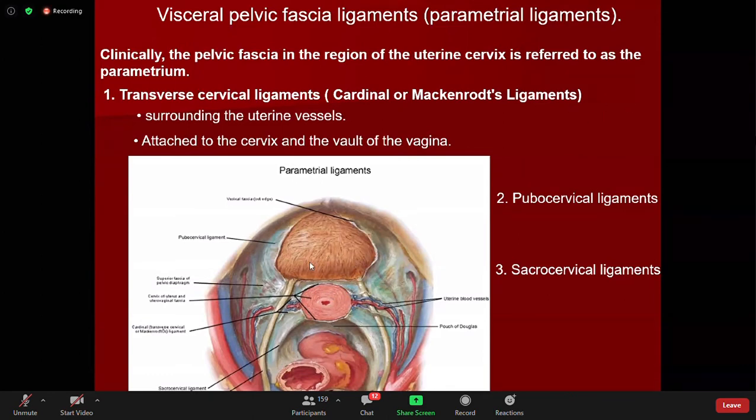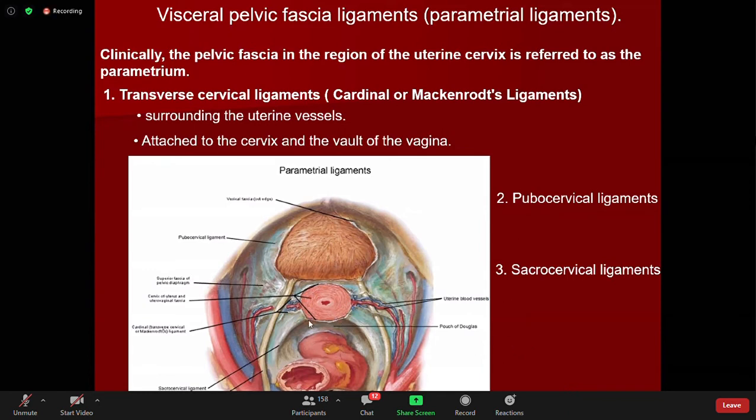The uterus was sitting here, joining the cervix, and laterally between the uterocervical junction and the lateral pelvic wall, we have condensation of the fascia, becomes like a ligament. In this ligament, you will have the uterine blood vessels. So where do you find the uterine blood vessels? In the transverse cervical ligament, which is part of the parametrial ligaments, the visceral pelvic fascia.